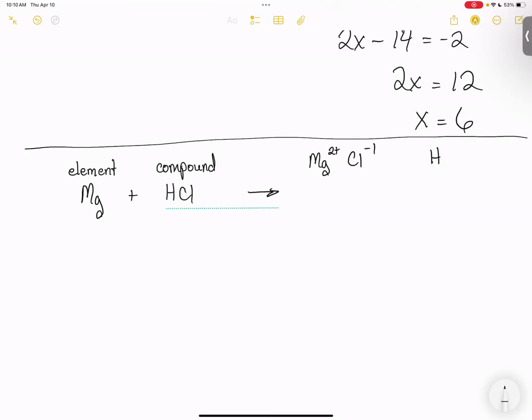So what is the formula of the compound that is made? Now, hydrogen. What does hydrogen look like when it's all by itself in nature? H2. Those are the products for the reaction of magnesium with hydrochloric acid. You made magnesium chloride and hydrogen.